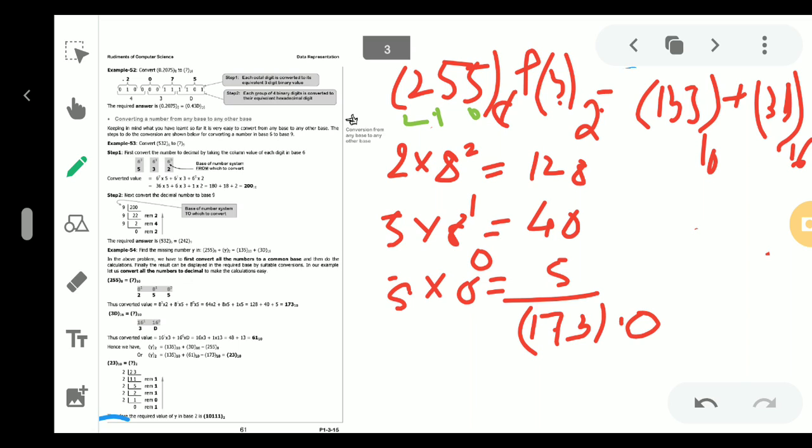Now we are again converting, that is in base 16. This part is in base 10, 135 in base 10, so we have no problem. But this 3D is in base 16. So again we have to convert the base 16 to base 10. Up to this it is clear, I am rubbing this one.